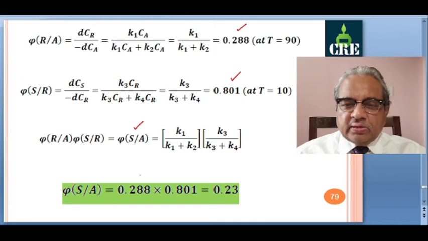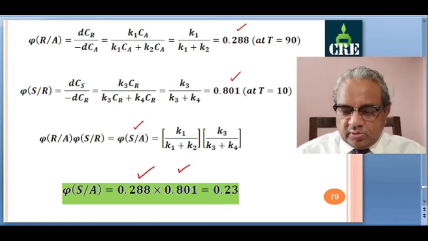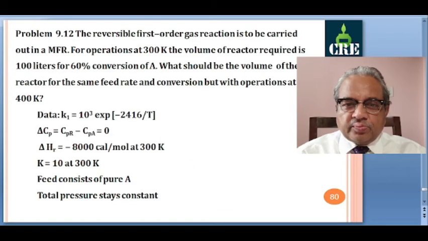So S by A is nothing but K1 by K1 plus K2, that is 0.288, and K3 by K3 plus K4, that is 0.801. So this is 0.23. Okay, this value is 0.23.